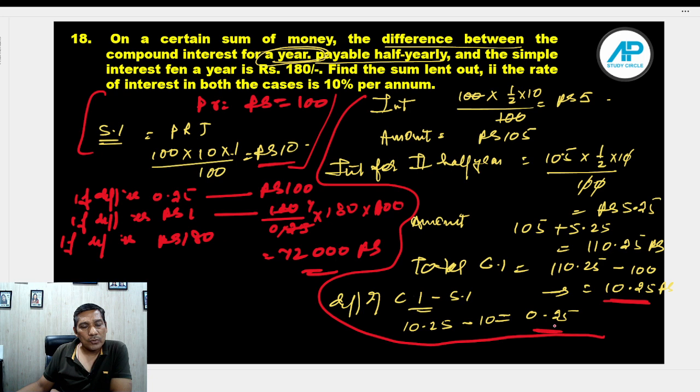The third part is very important, where I'm using the unitary method. So if the difference is 0.25, the sum is 100 rupees. If it is 1, the sum is 100 upon 0.25, and when the difference is 180 rupees, multiplied by 180, it will give you the value of the original principal as 7200. I guess the question is clear.